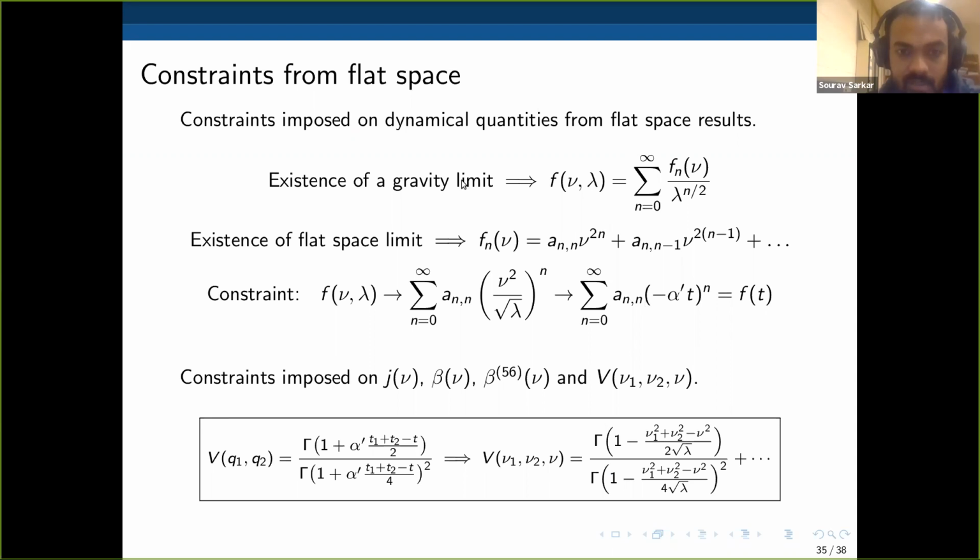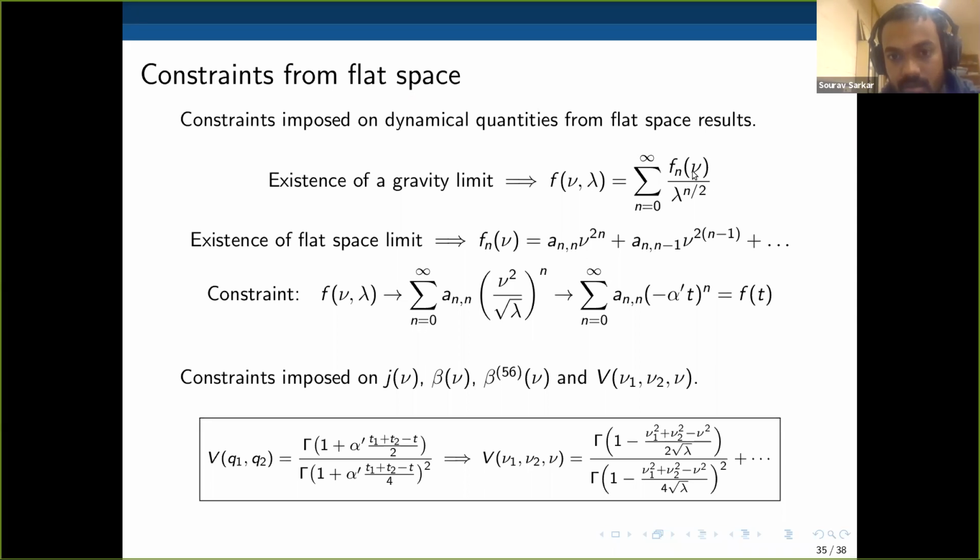So I will briefly describe how we can exactly implement the constraints. Let's say we have this function, which is a function of both nu and lambda. If we assume that a gravity limit exists, then we can write it in this expansion.